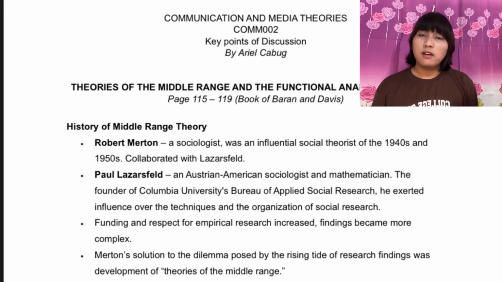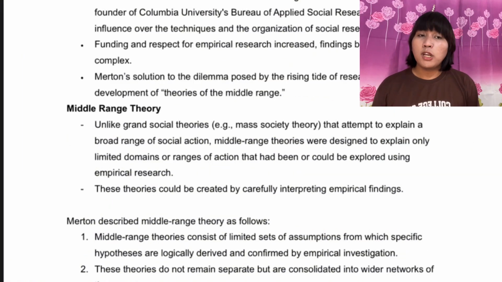So what is a middle range theory? How has it helped to lessen the complexity of the empirical research? According to the book, unlike grand social theories, an example is the mass society theory, that attempt to explain a broad range of social action.